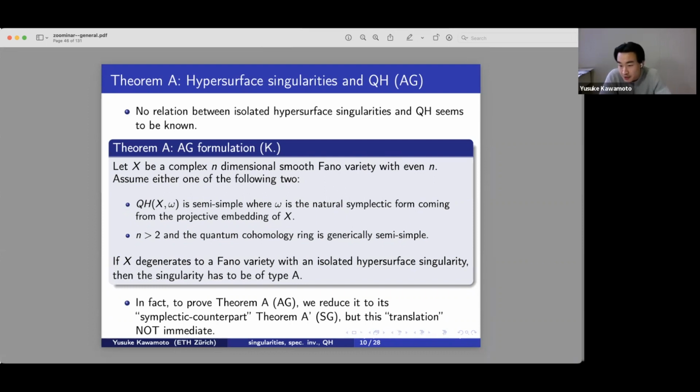So I was thinking about the big quantum cohomology setting, but I still don't really know. I see. I do have that case in mind, definitely.